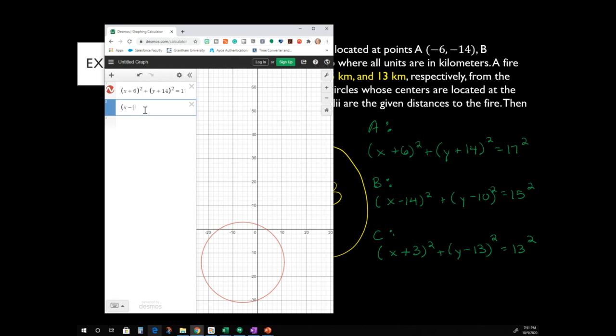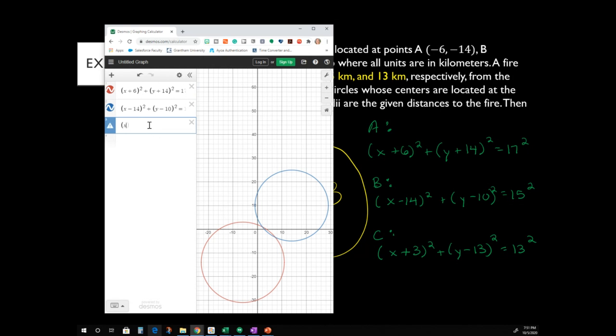We've got (x - 14) squared plus (y - 10) squared equals 15 squared. Okay, second circle. Not too bad from my drawing. It's not so far off.